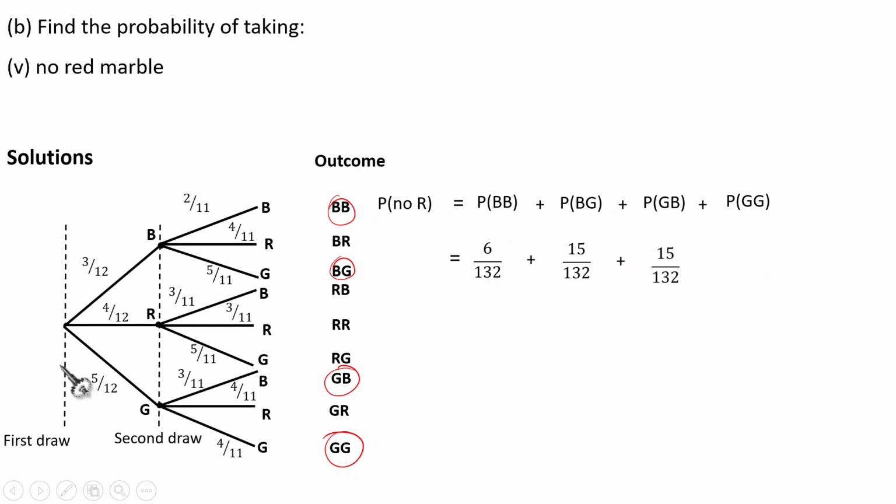Then for this one you get this times this. Then if you total them together, you find that the answer will be 56 over 132. If you reduce to the lowest term, you get 14 over 33. So basically this is how you answer questions on a tree diagram.